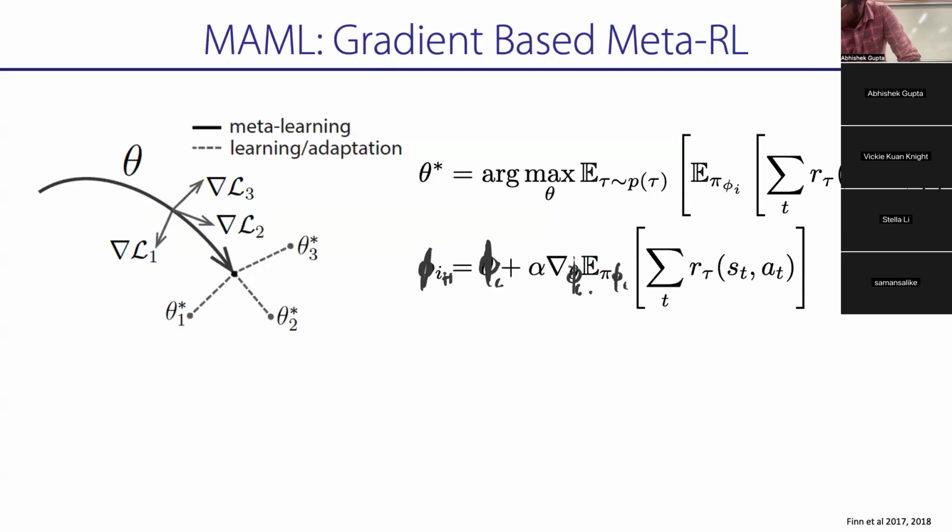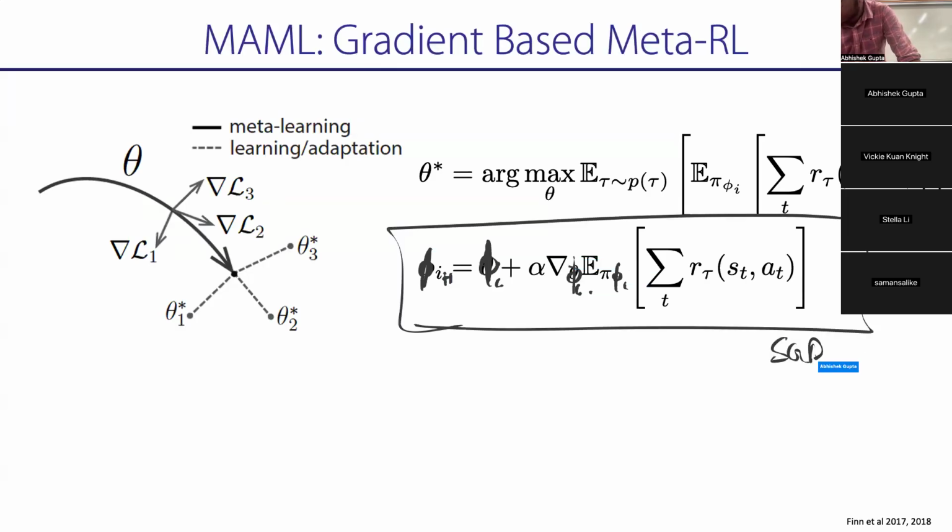This is just like SGD. You're saying that in your inner loop, you're going to perform SGD, and you're going to evaluate how good SGD is in your outer loop. I want to force F theta to be SGD. Then I'm going to evaluate after one gradient step or a few gradient steps how good my updated policies were.